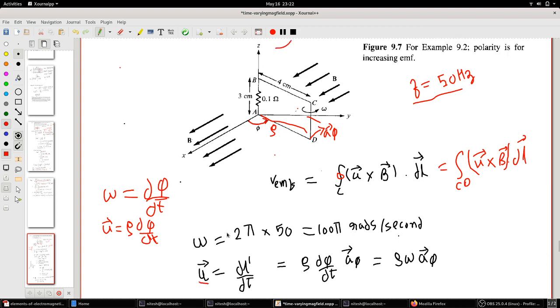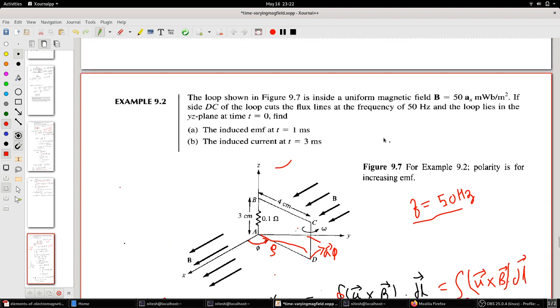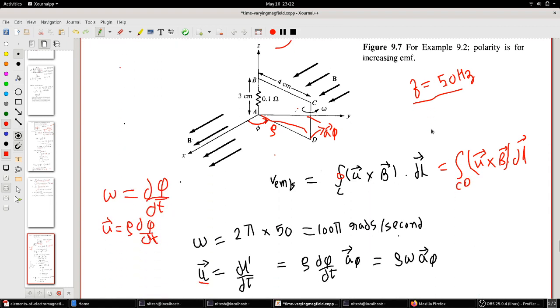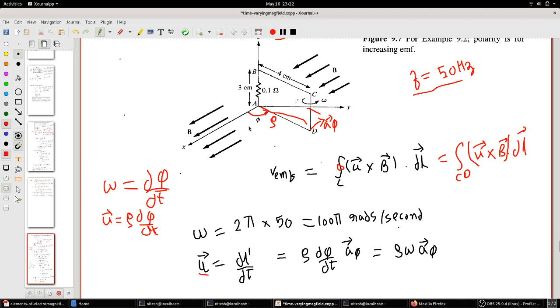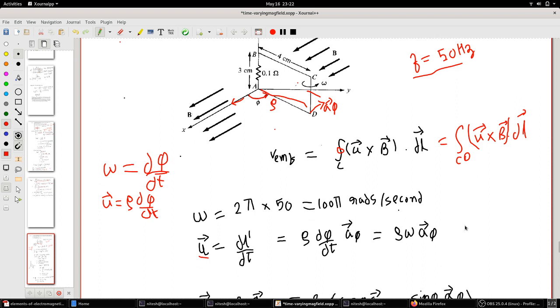What is B? B is given as 50 aX. I have to convert it into rho, phi and z, because either I convert this into rho, phi, z or a phi into x, y, z. So I'll do the earlier one and convert aX.